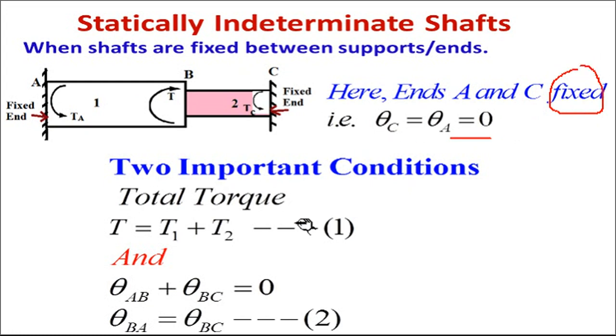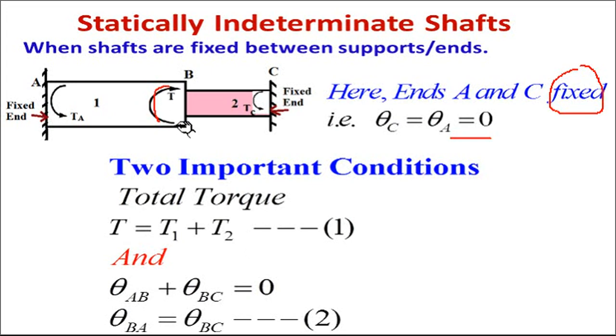But two important conditions are there. Whenever this shaft is subjected to torque T, at the middle there is a torque T. So this torque T will get distributed at these two ends, at end C, at end A. Means total torque T will be equal to T1 plus T2.